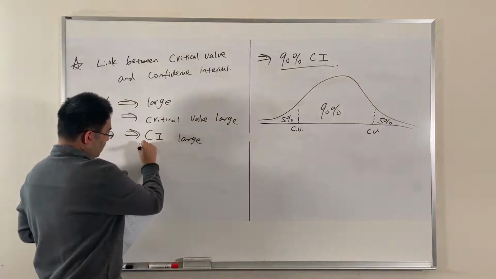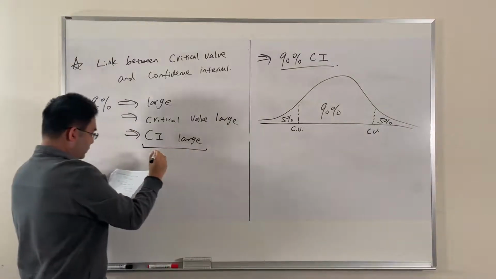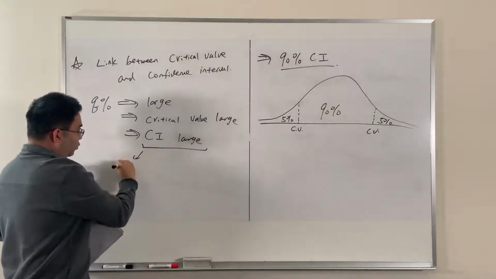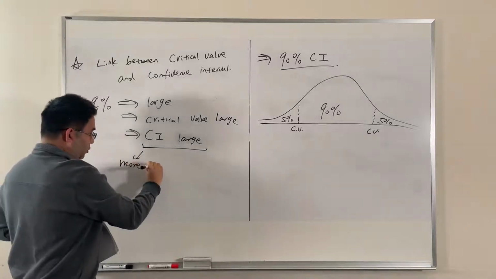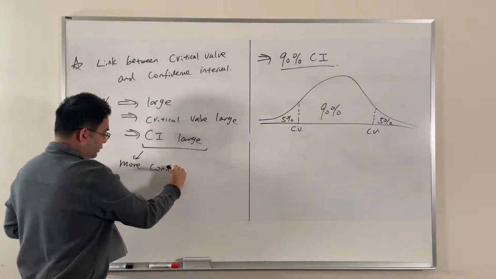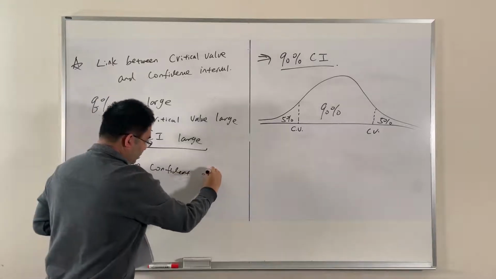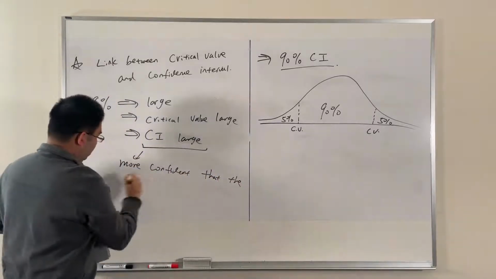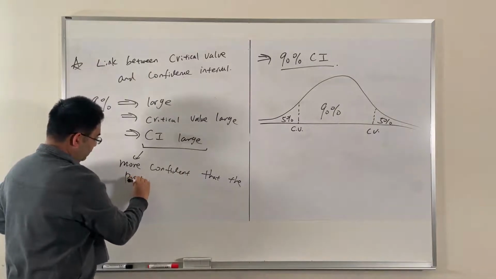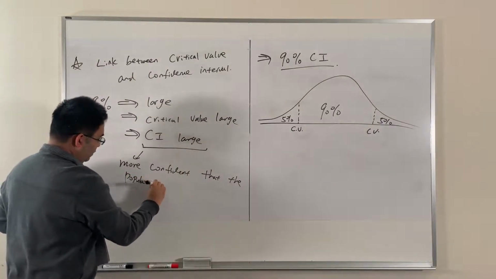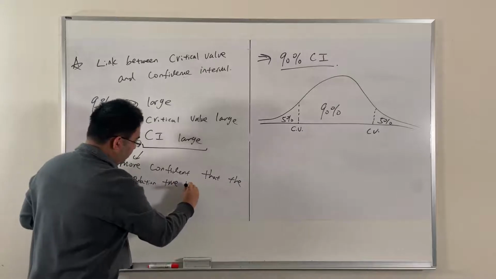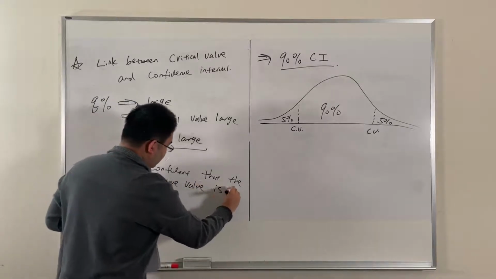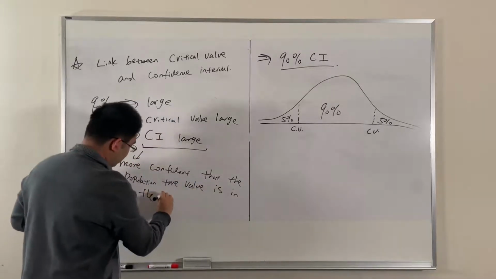So the confidence interval being large means that you'll be more confident that the true value or the population value is in the interval or in the range, right?